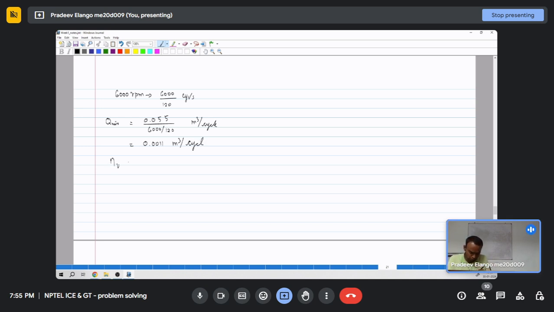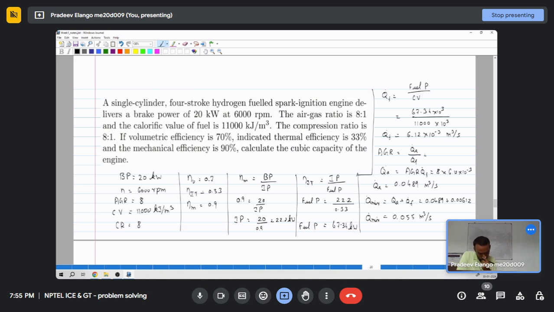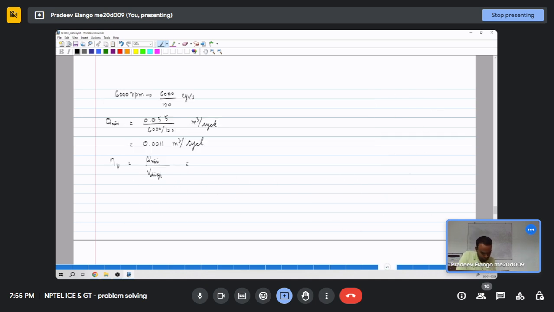And now we know the volumetric efficiency. Volumetric efficiency is actual flow, that is Q mix, the air that is entered inside, divided by the displacement volume. Volumetric efficiency is known, that is 0.7.